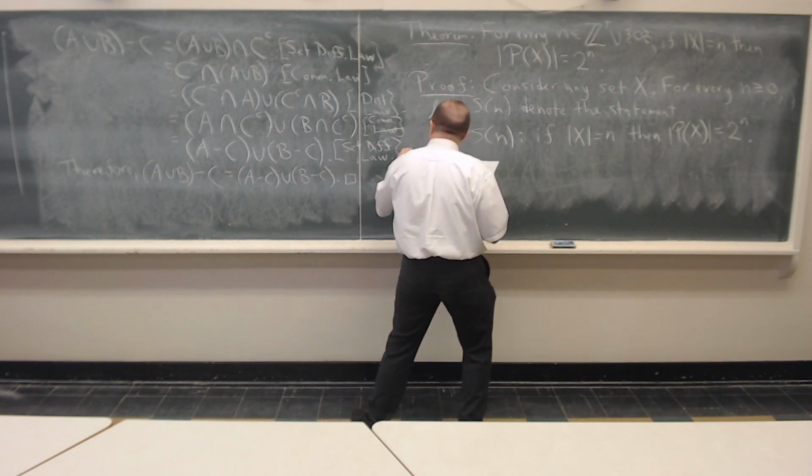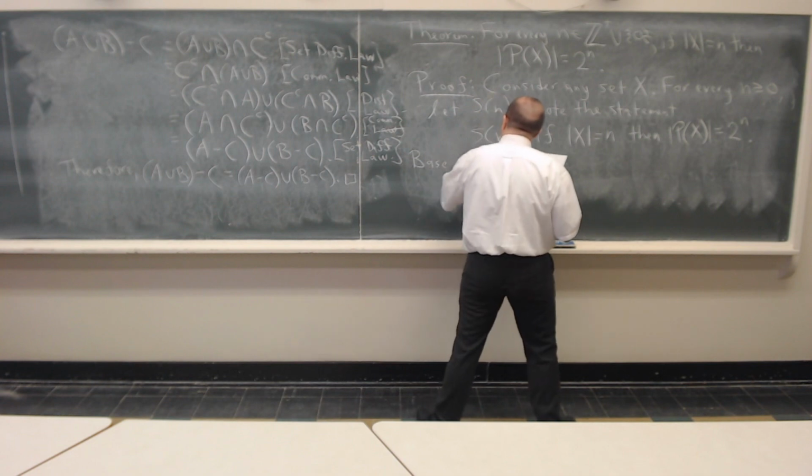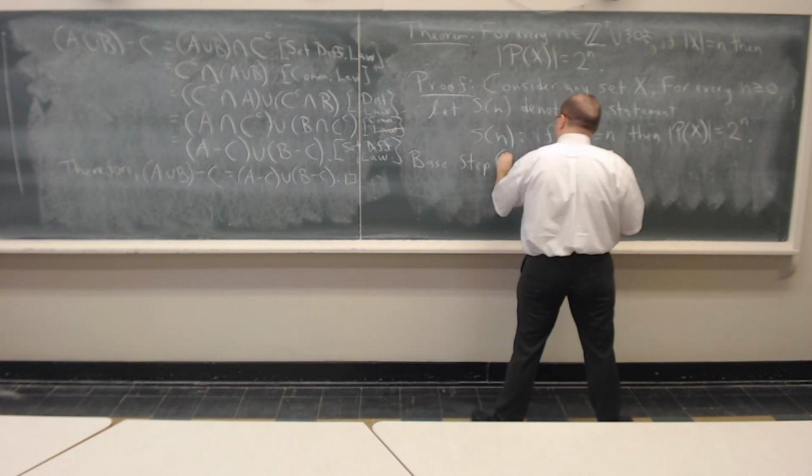So I start off as usual, I go base step. So I'm going to try showing this for n is equal to 0.